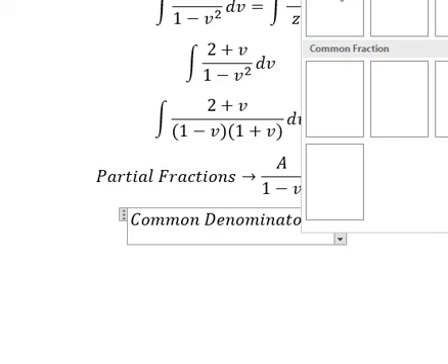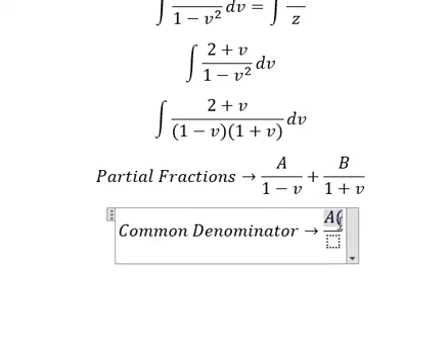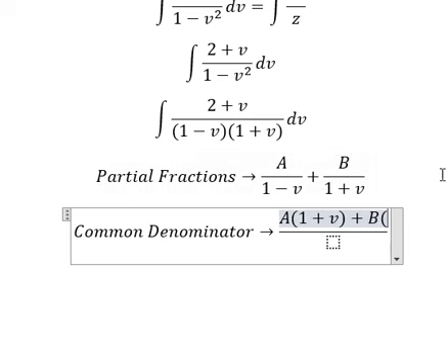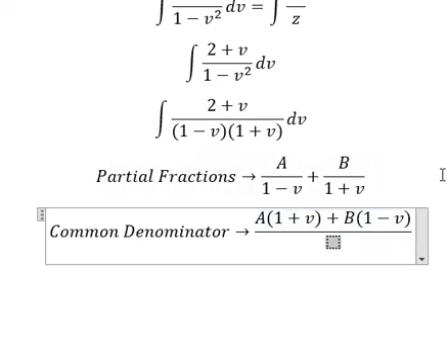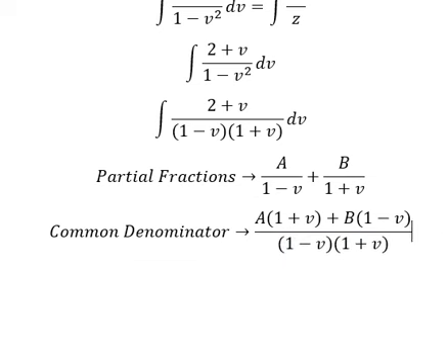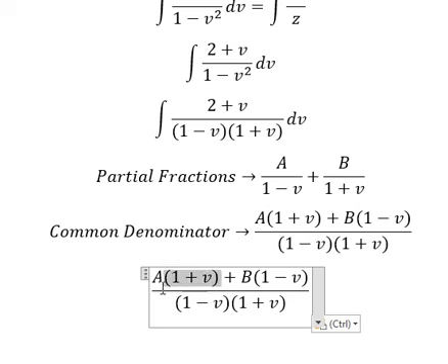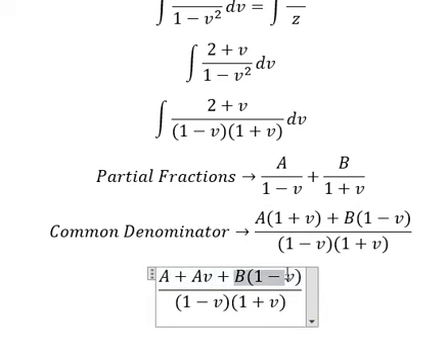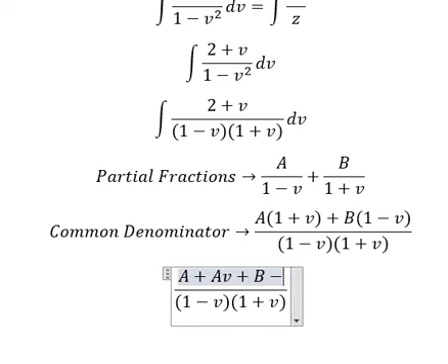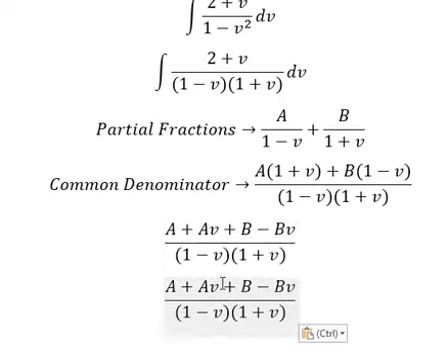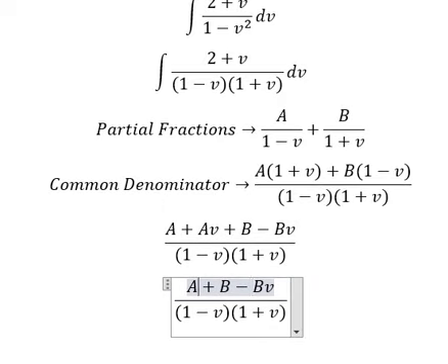So capital A multiplied by 1 plus v. About this one, it is missing 1 minus v. So capital B multiplied by 1 minus v. And now we need to expand. So v and v we can do factorization.